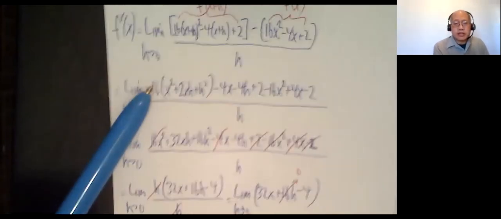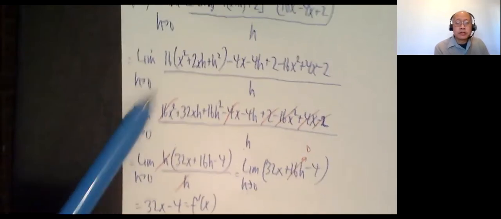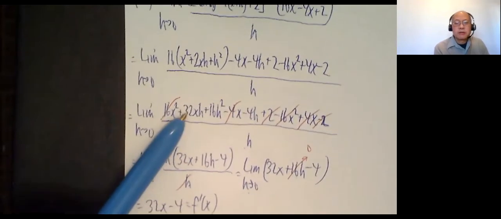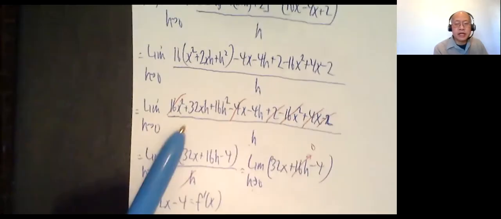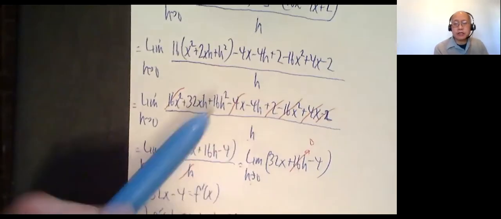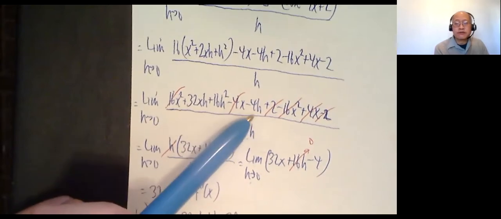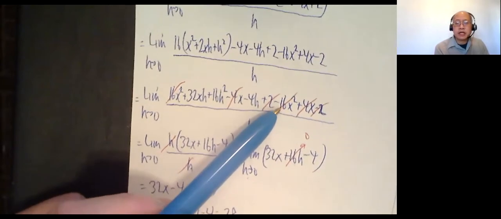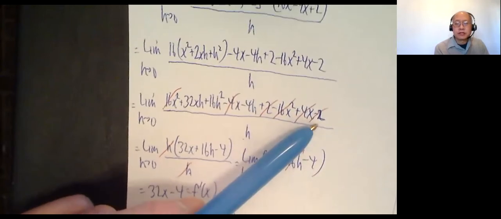And now I'm going to distribute a 16. So 16x squared plus 16 times 2 is 32xh plus 16h squared. And then I just copied all the rest of this junk. Minus 4x minus 4h plus 2 minus 16x squared plus 4x minus 2.